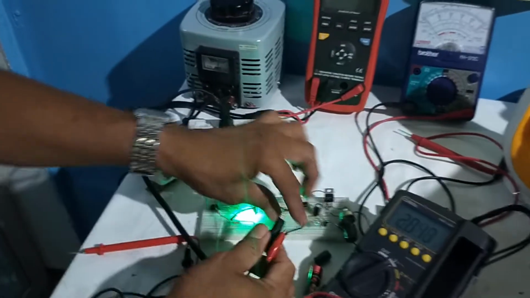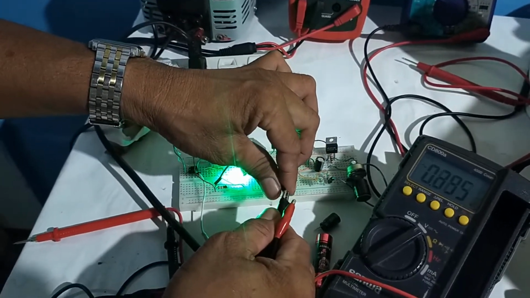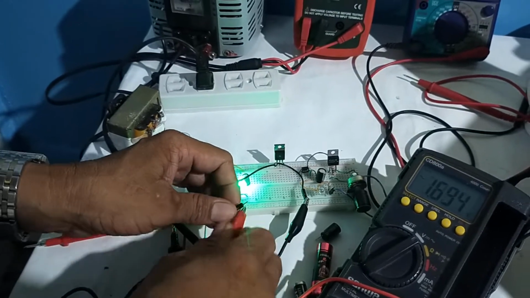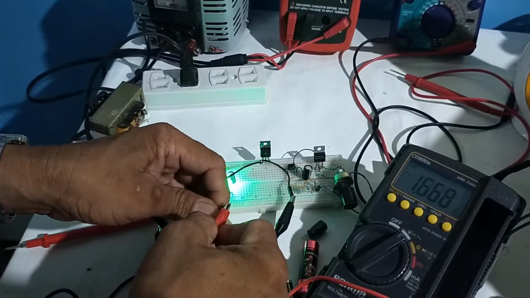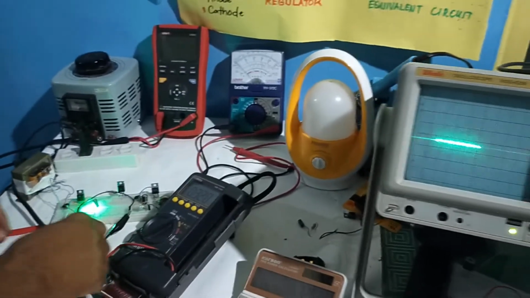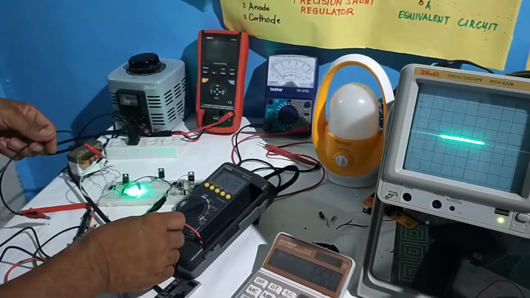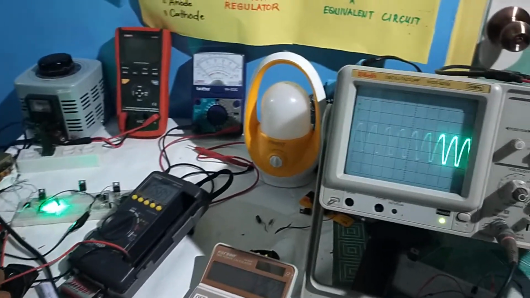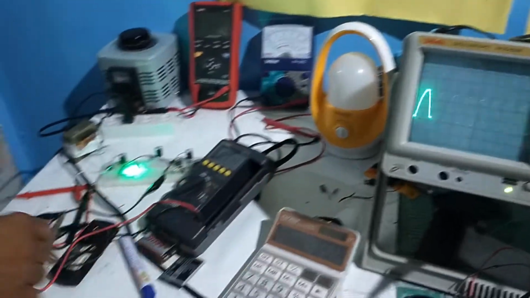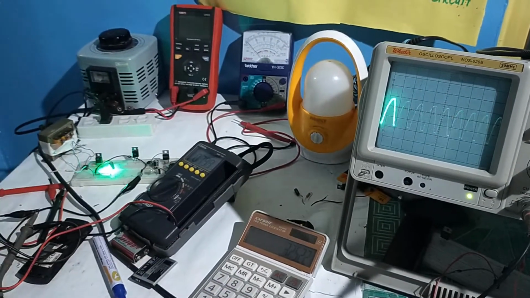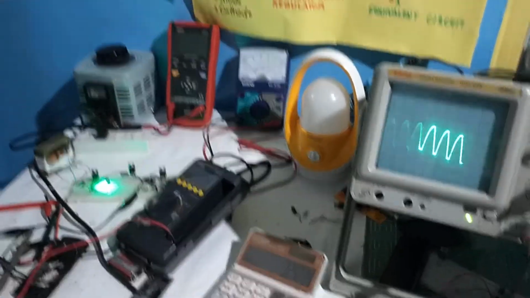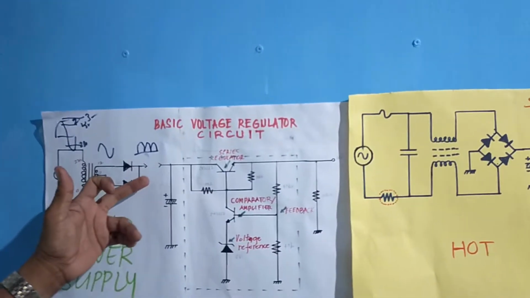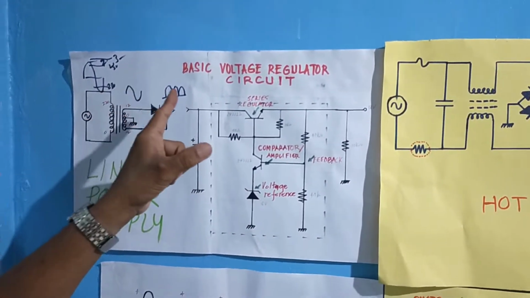So, it goes like this, class. It goes like that. Half wave only is being allowed to pass. Half wave. It is already DC, direct current already, but pulsating DC.